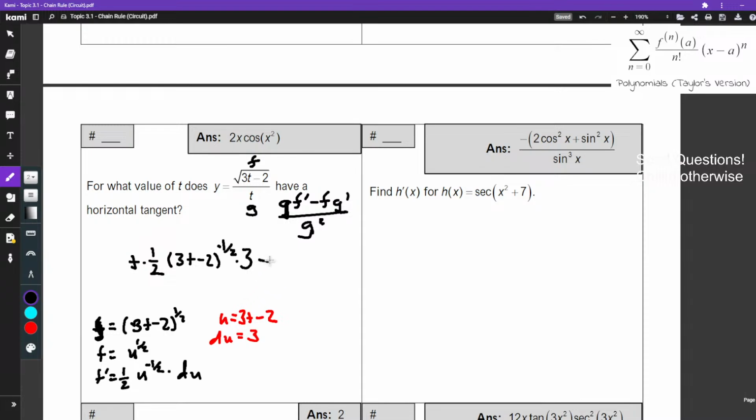We need to subtract low d high and then high d low. So I have 3t minus 2 to the 1/2 minus derivative of g, which is just 1.